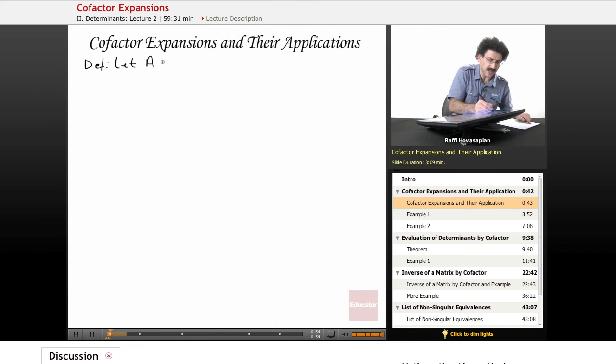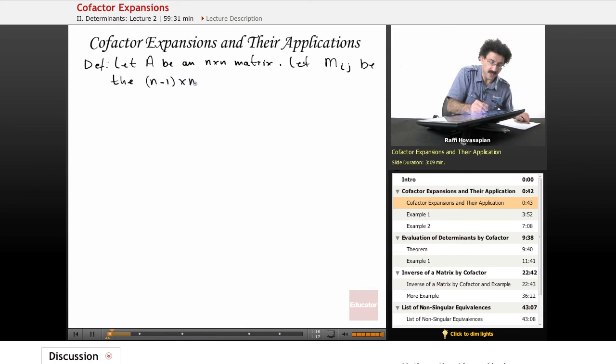As always, we will let A be an n by n matrix. And we will let M, capital M sub ij, be the n minus 1 times n minus 1 submatrix of A obtained by deleting the ith row and jth column. And again, these definitions are more for formal purposes.